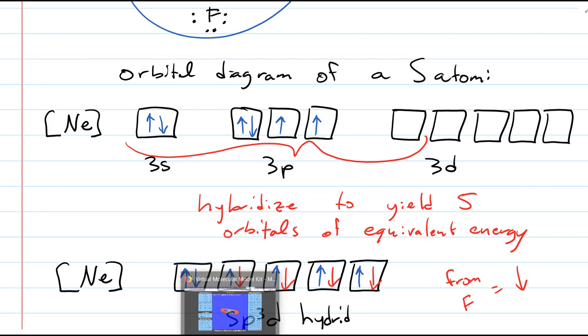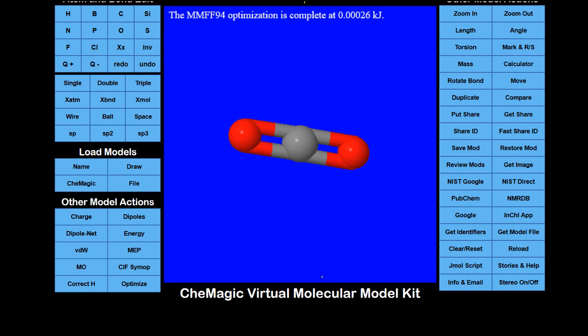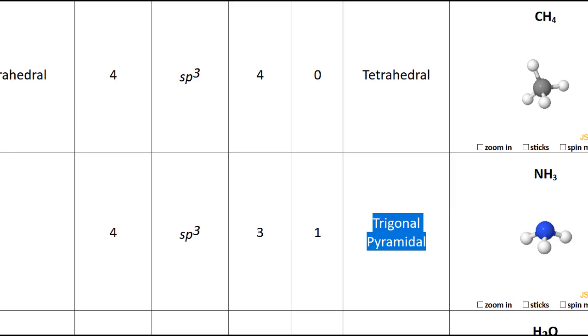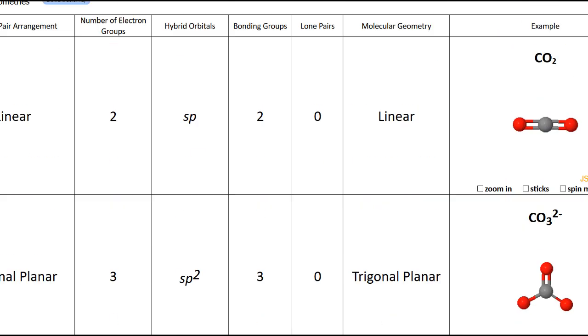Now if we go back to our summary table, this is kind of my grand review of everything. This is what I call a summary in a page. If we have 2 electron groups around the central atom, we have what are called sp orbitals, and that's it. And that should make sense because if we have 2, that means we're going to hybridize a total of 2 orbitals.